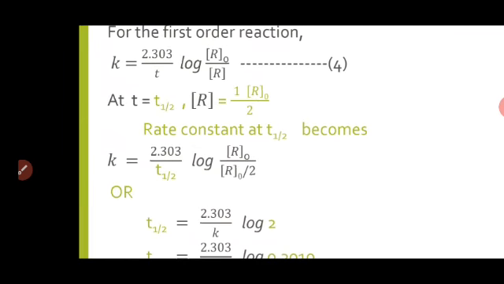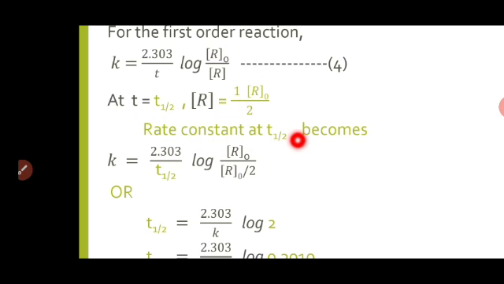Now we know that the integrated rate equation for first order reaction is K is equal to 2.303 divided by t into log of R naught upon R. Now again at t is equal to t half, R will become R naught by 2. Again this step is the same as in zero order.